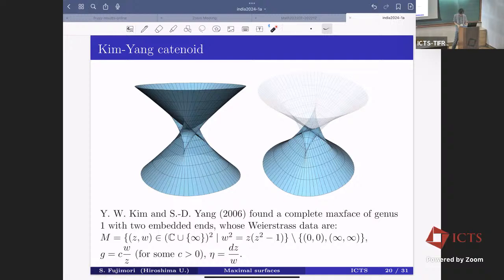So for the minimal surface, here is the catenoid. In the minimal surface case, one cannot give any handles like this. We want to give tunnels, but then the period problems cannot be solved. So this is proved. But in this maximal surface case, we can add a handle to the catenoid.